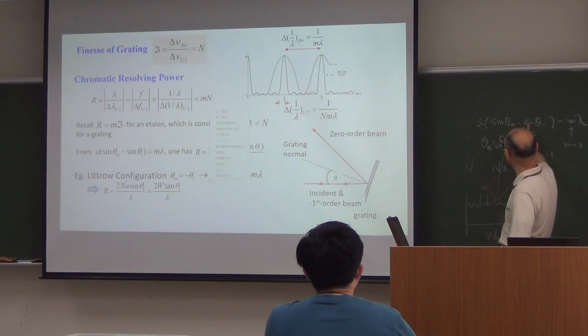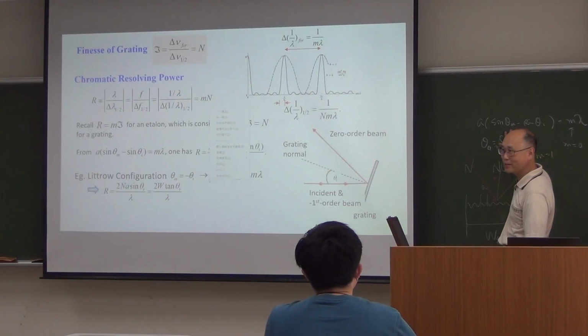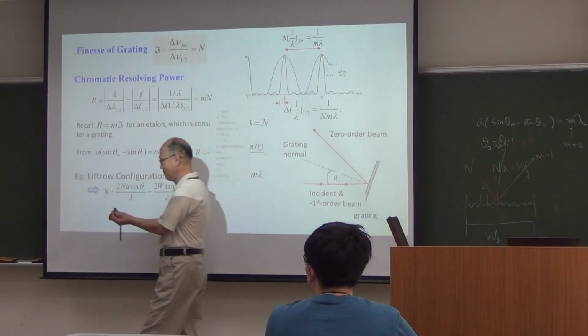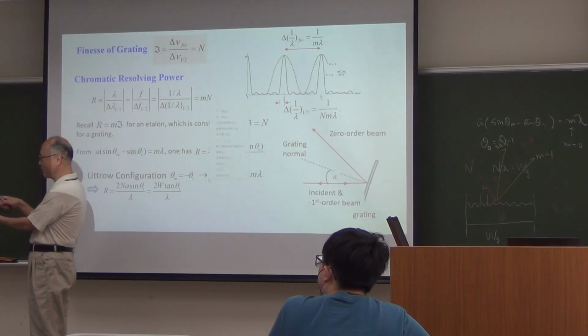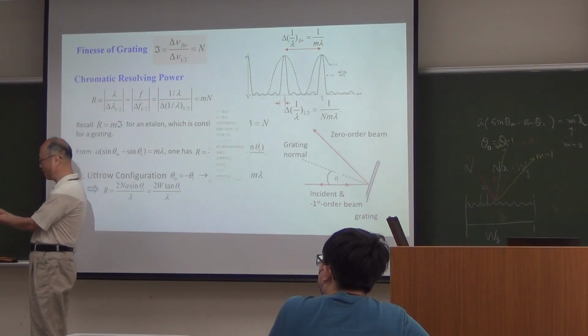So be careful that when theta m is negative, then theta m is on the same side as theta I. Okay, for example, this surface normal direction is like this, right?